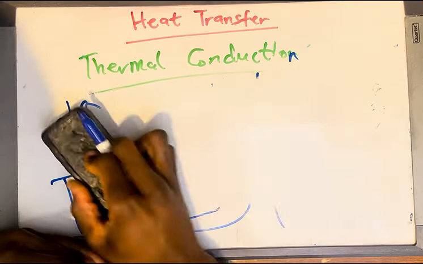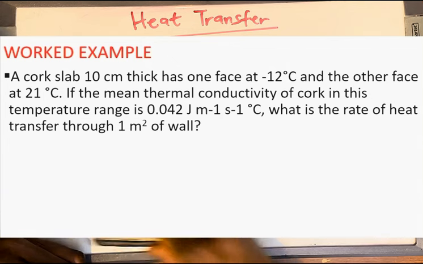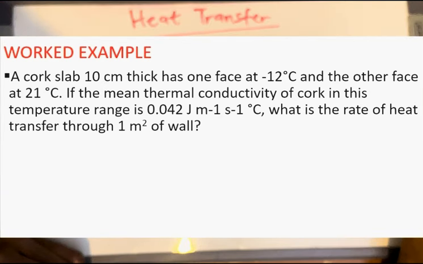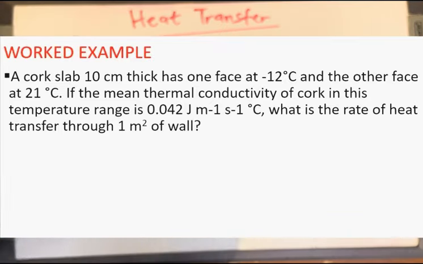Now let's consider this worked example to test our understanding. A cork slab 10 centimeters thick has one face at minus 12 degrees Celsius and the other face at 21 degrees Celsius. If the mean thermal conductivity of cork in this temperature range is 0.042 joule per meter per second per degree Celsius, what is the rate of heat transfer through 1 meter square of wall?